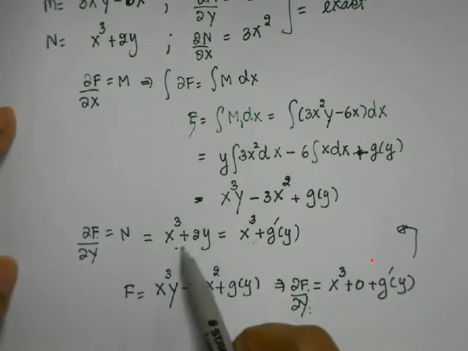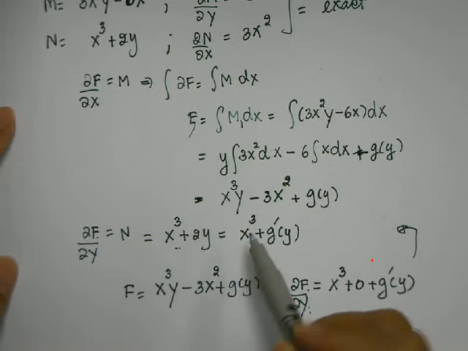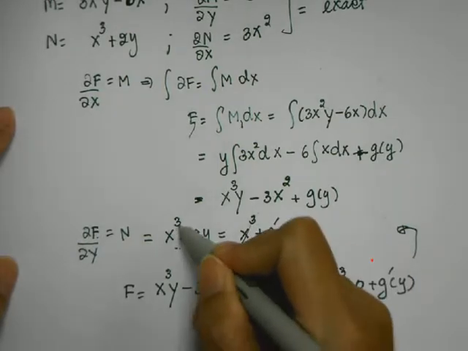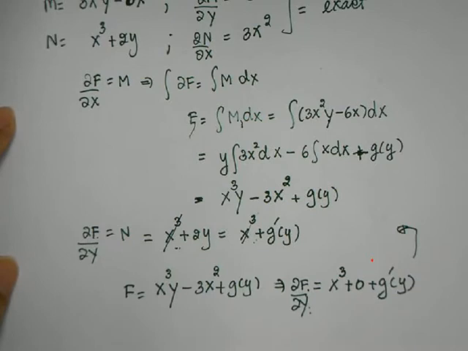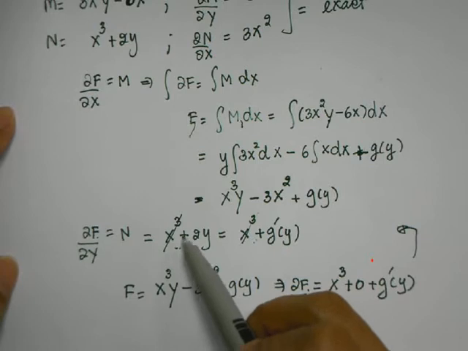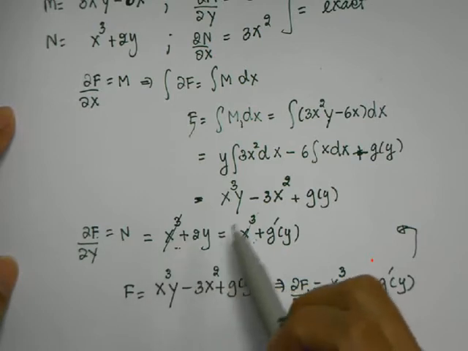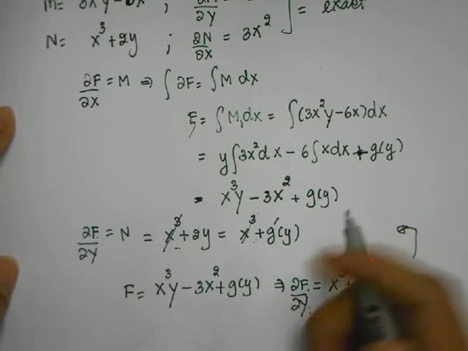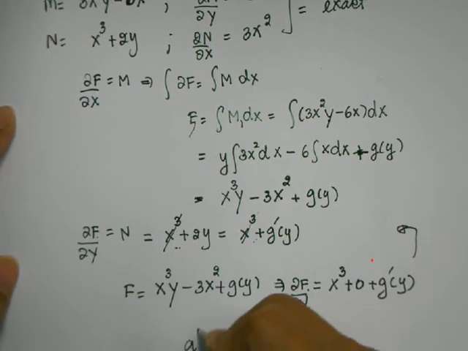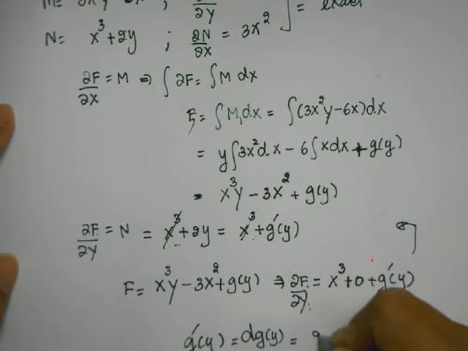Now you have x to the power 3 and x to the power 3 there. They all cancel out, right? You move this one over there, you would get minus x to the power 3. x to the power 3 minus x to the power 3 equals 0. So now you would get g'(y) equal to 2y.